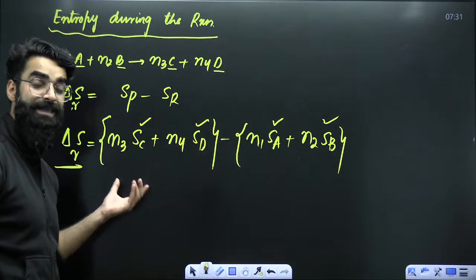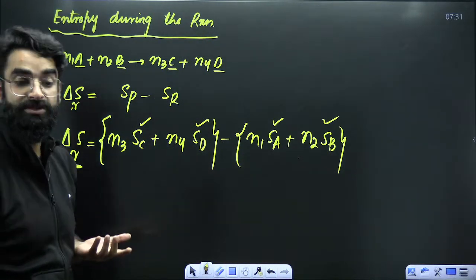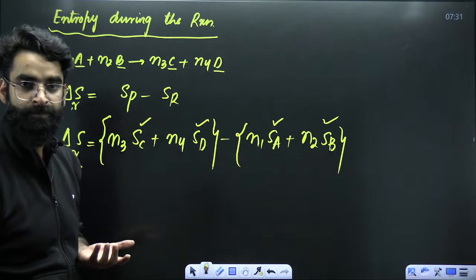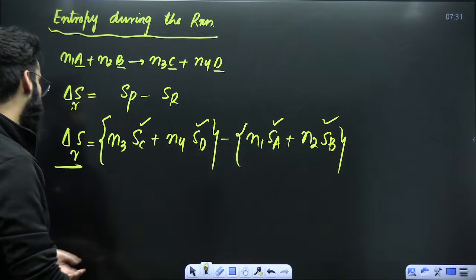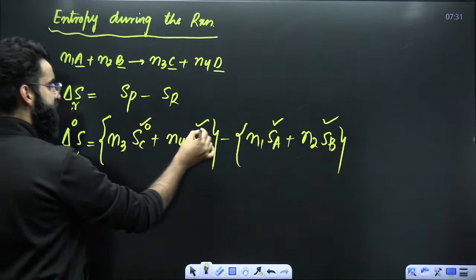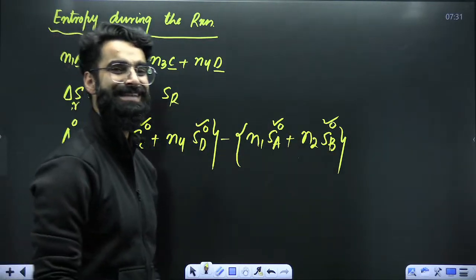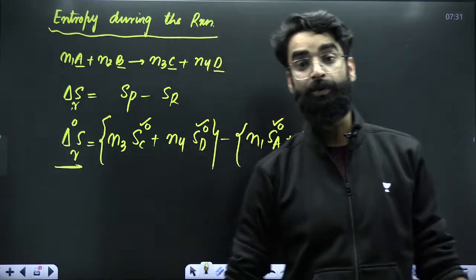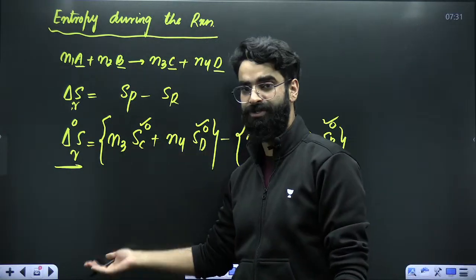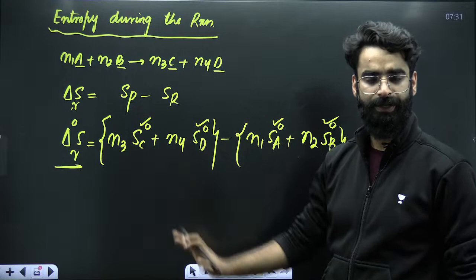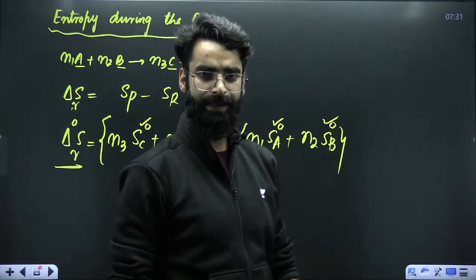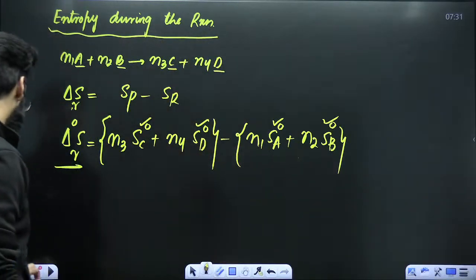Do remember this, by means of which you can calculate the entropy change of the reaction. You can even calculate entropy change under standard conditions as well. Sometimes they'll give you the entropy of A, B, C, D under standard conditions, and they'll ask you to calculate the standard entropy change of the reaction. You can write it in this way. That's all. You'll see its application as well, but in some time.